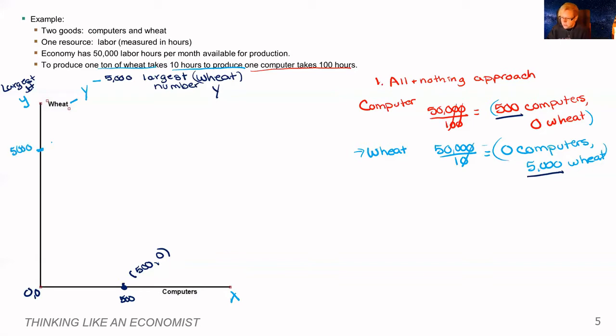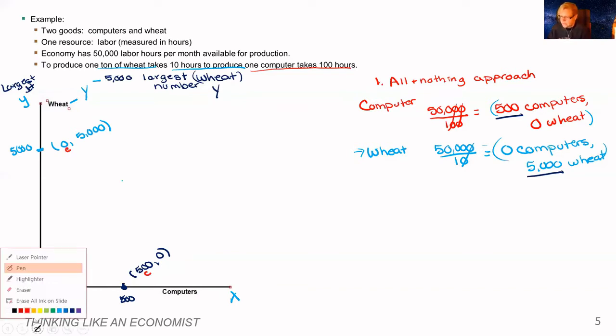So this coordinate point is out nothing, up 5,000. At this point, I think it's important to make sure that you understand that these represent items. So I'm going to say, hey, don't forget, these are computers. Hey, don't forget that this is wheat. Let's put W there, okay?